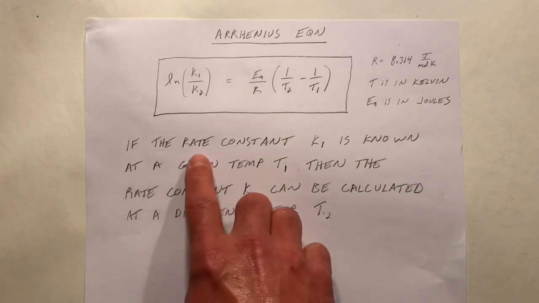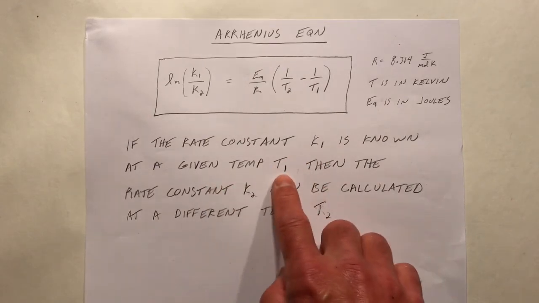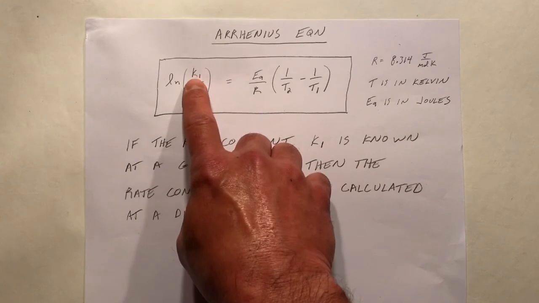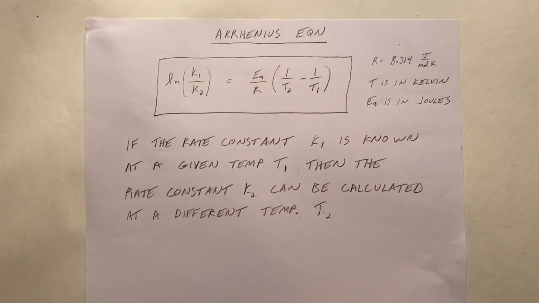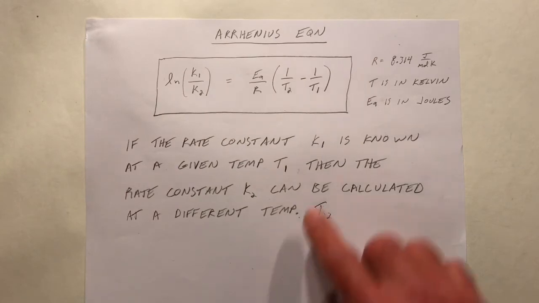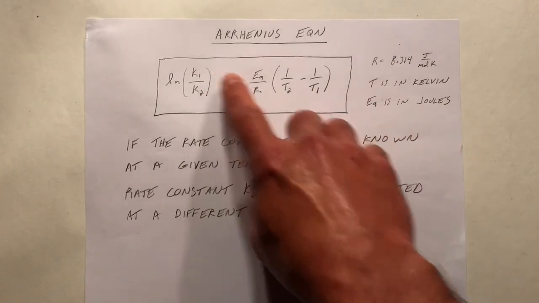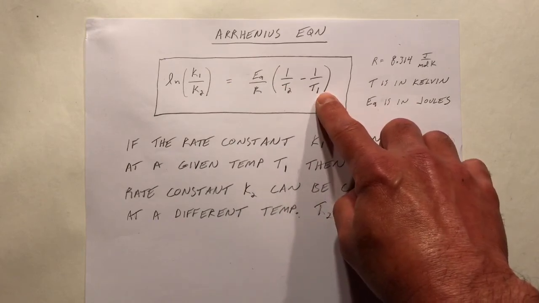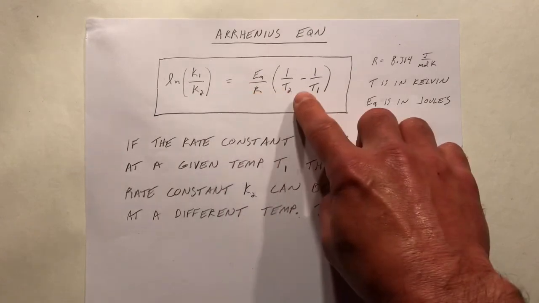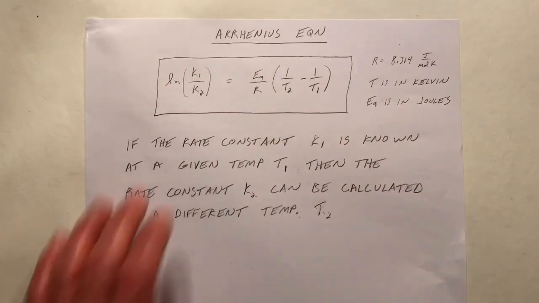Notice that if rate constant K1 is known at any given temperature T1, in other words, if we know the value of K1 and T1, then the rate constant K2 can be calculated at any different known temperature T2. So if you know K1 and T1, and you want to speculate as to what the rate constant K2 would be at a different temperature T2, you can plug into this equation and find that.